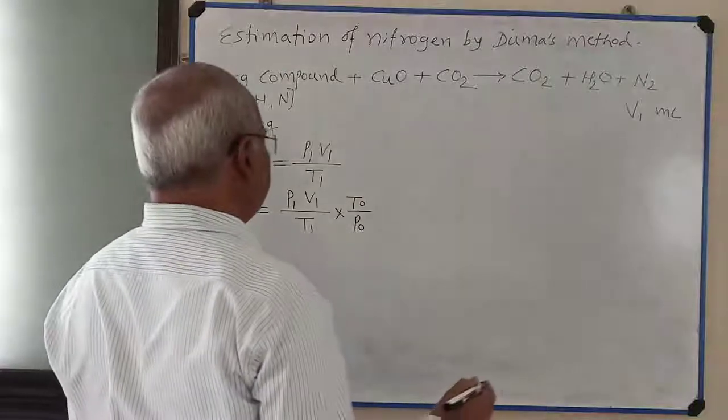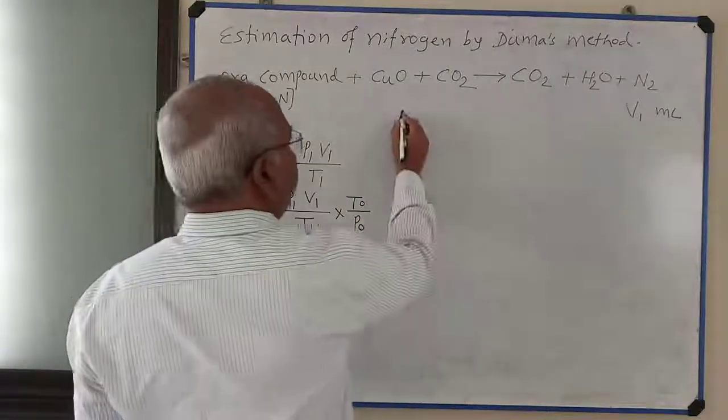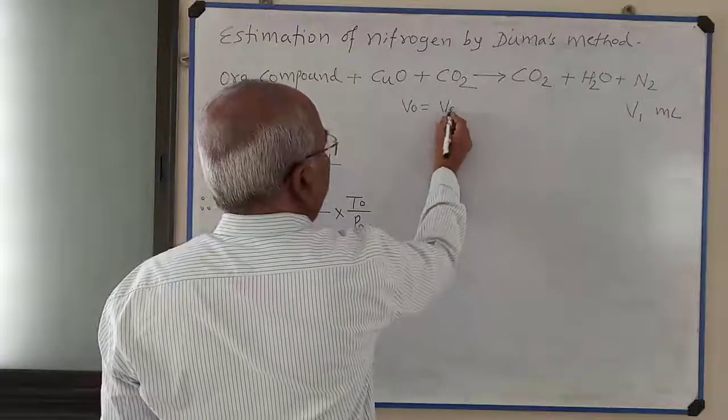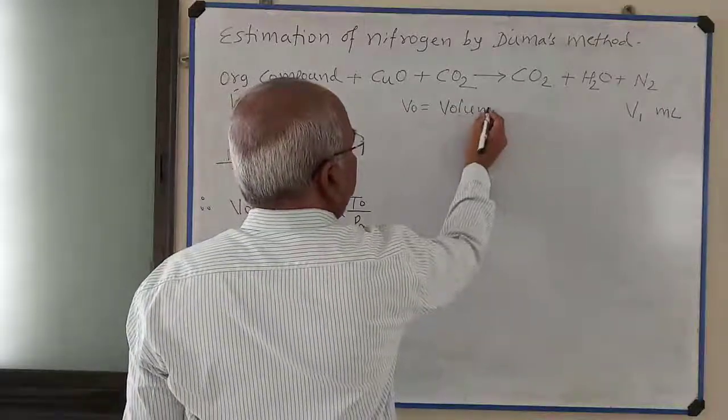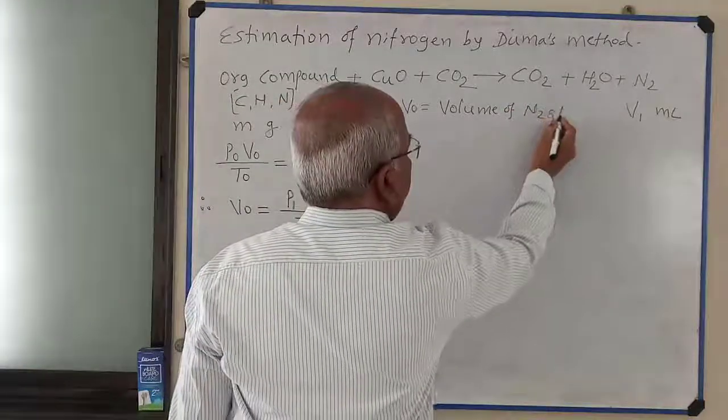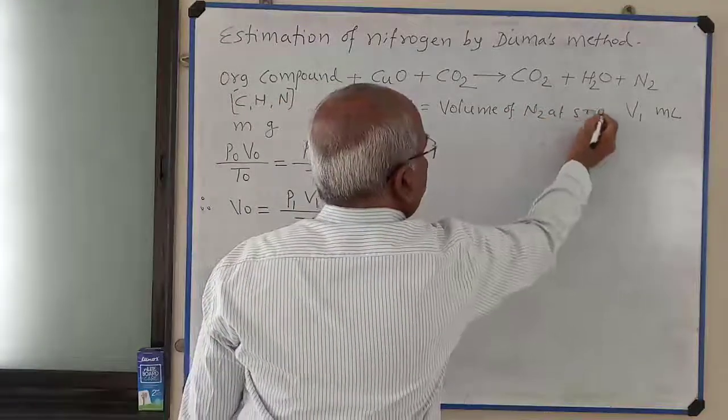So I write the meaning of every term. P0 is equal to volume of nitrogen at STP.